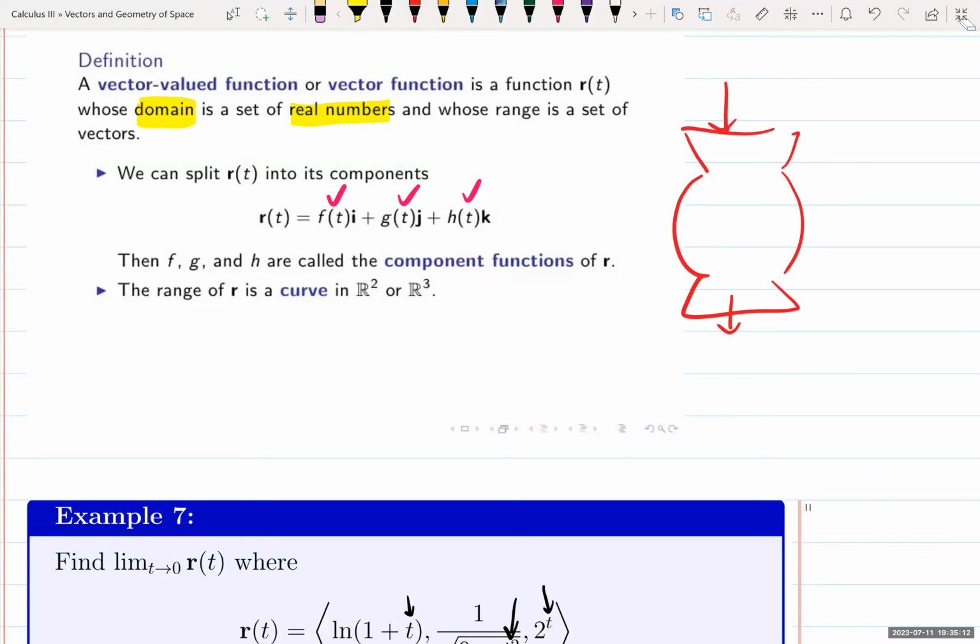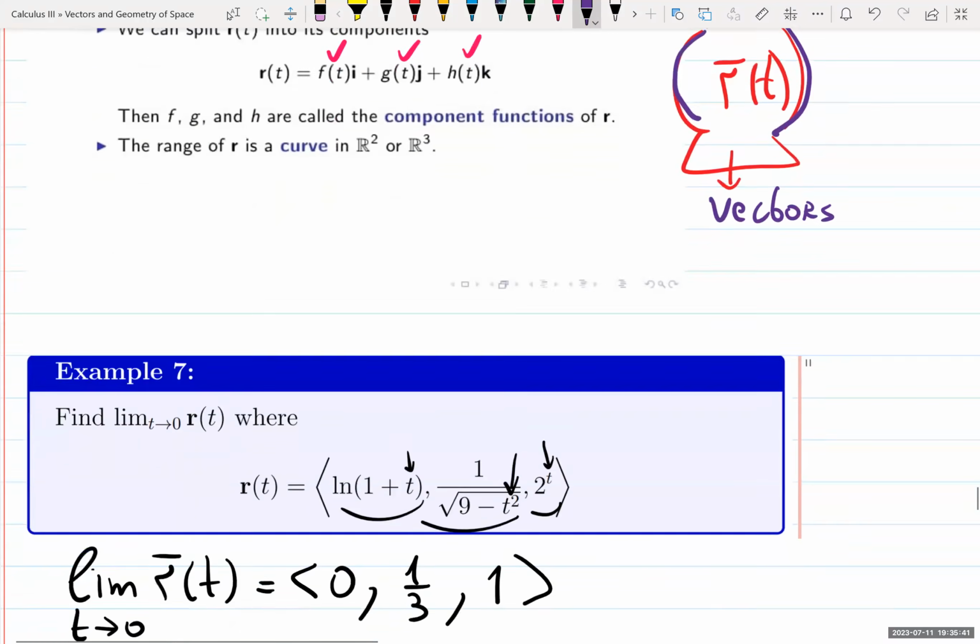But in this case it's a vector function, say r of t. It takes in numbers, does something in this vector machine, function machine, and gives you vectors. So at the number 5, you get a vector (3, 7, 19) with a direction and size. It's pretty cool. Component function of the function and so on.